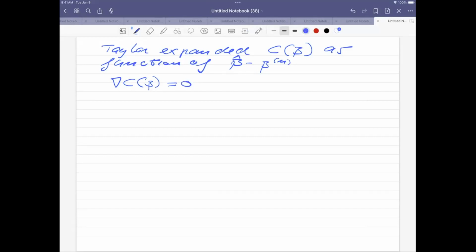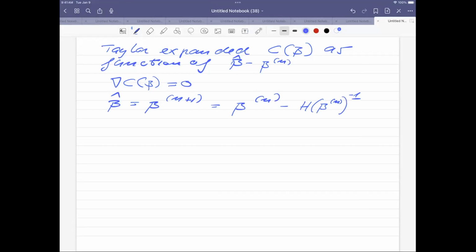And what we found last time, I'm just repeating the equation we got, is that this beta hat, which we labeled as beta of iteration n+1, is given as beta of n minus the inverse of this matrix H. And this is something which now applies to any cost function. So this is not limited to classification.